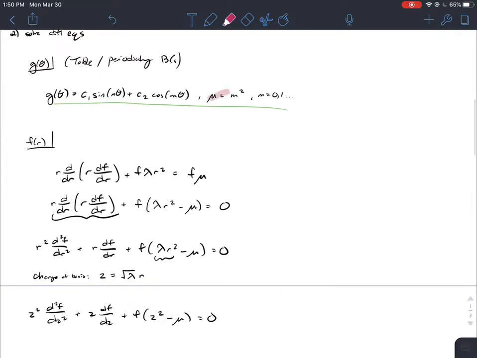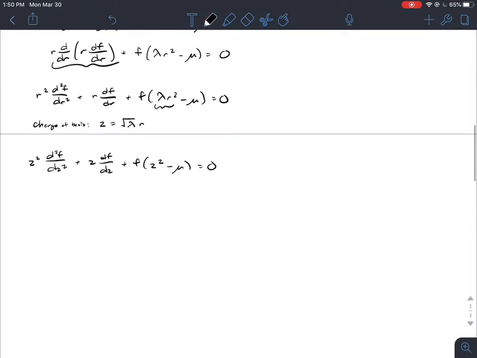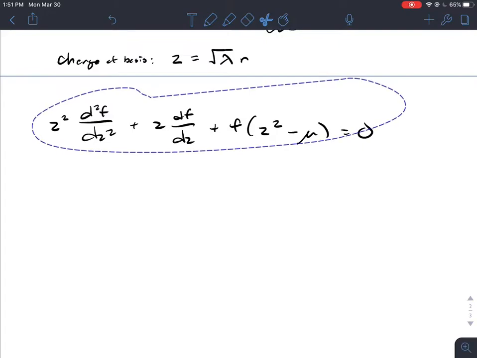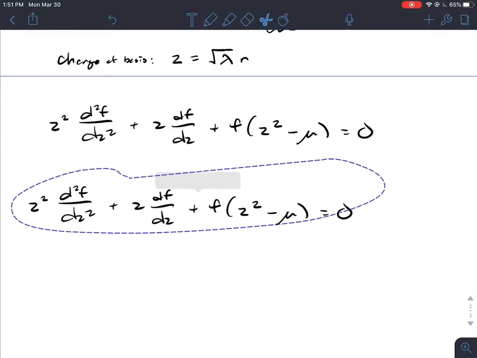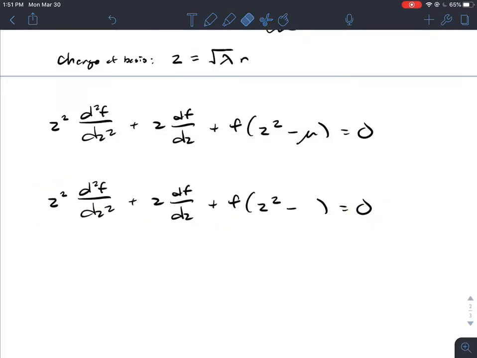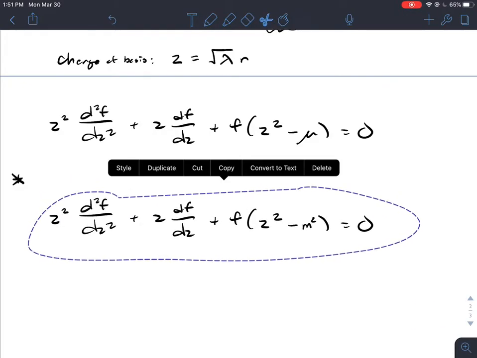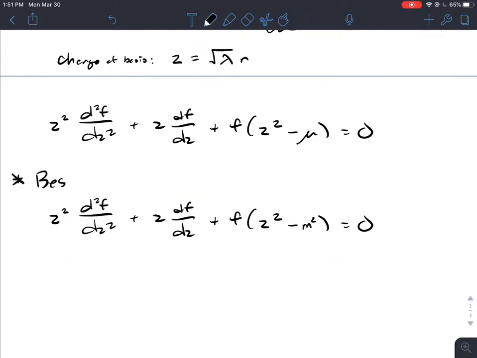Remember that mu we originally found to be m squared, so let's plug that value in. And this differential equation right here is what we call Bessel's differential equation.